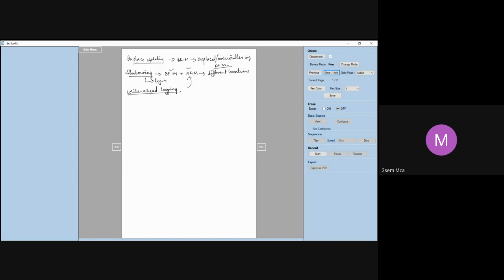Right. So in case of write ahead logging, what do we mean by write ahead logging? Whenever we are using in place updating, we already know that we should be using a log for recovery.